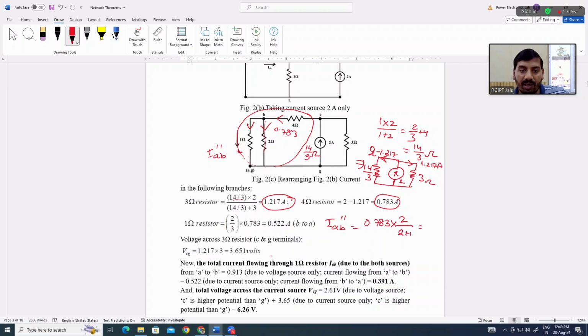So 2 by 3 multiplied by 0.783 will give you 0.522 ampere. And the current is flowing from B to A. Okay, current flowing from B to A.